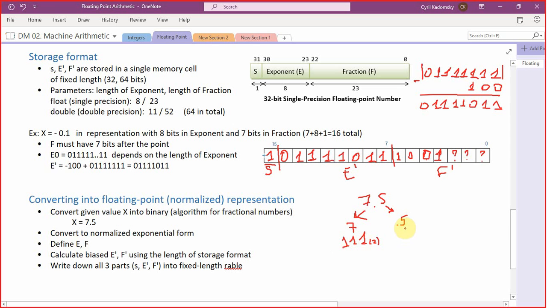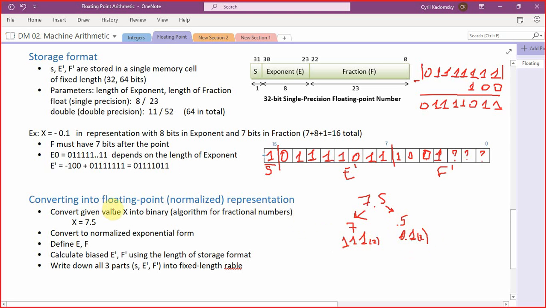For 0.5, you multiply by 2 and you obtain 0.1 in binary, and this fraction will not be infinite. Afterwards, all the fractional parts will be 0, so there will be no more digits. 1/2 is actually the simplest fractional value that you can represent in binary. That is why I have taken such a number, because it's quite simple.